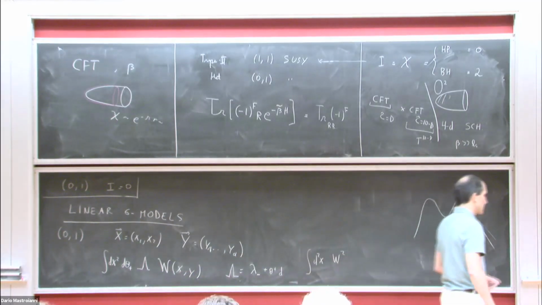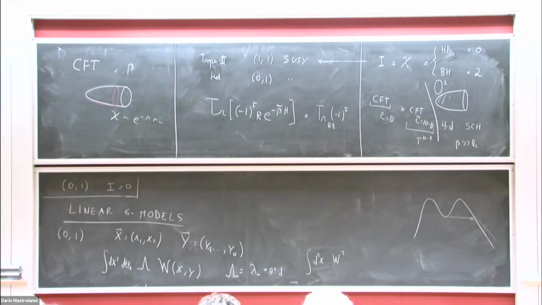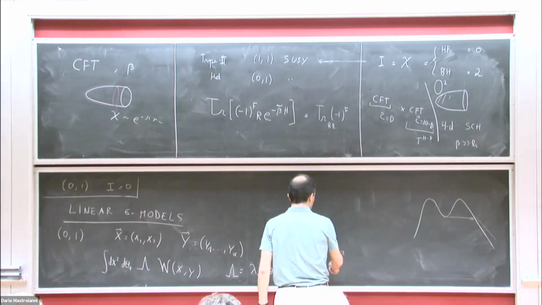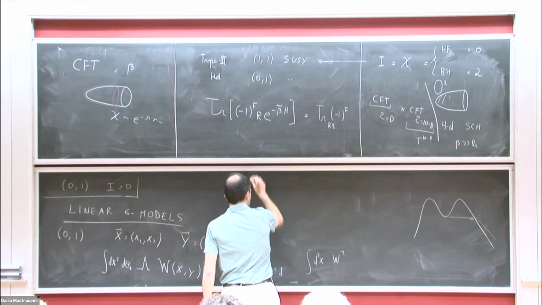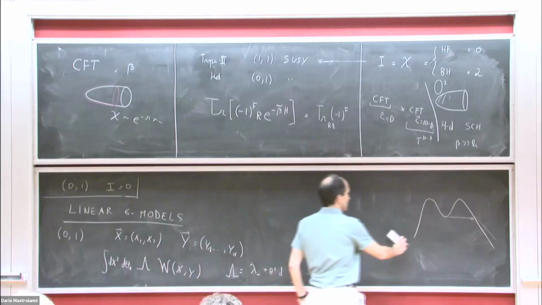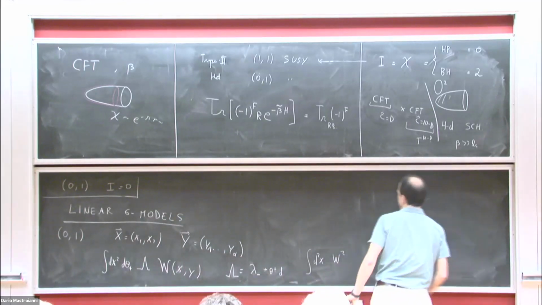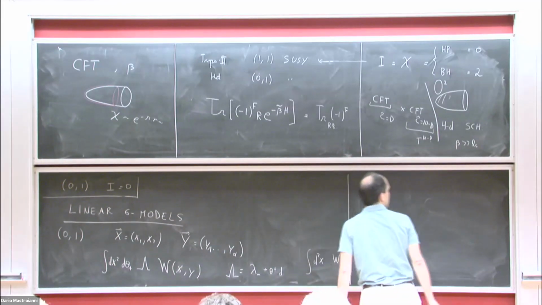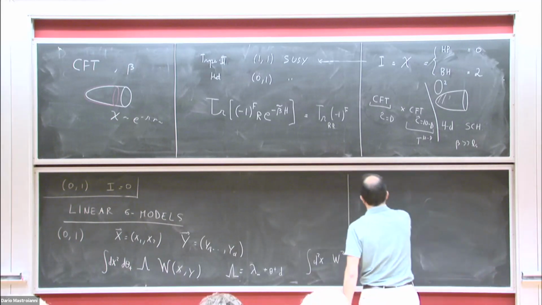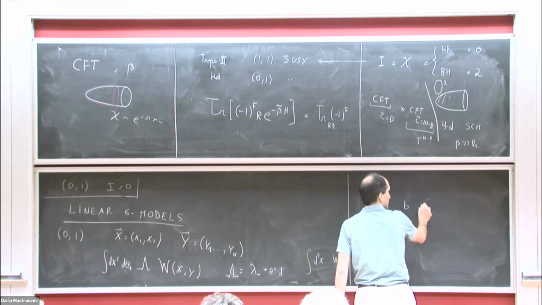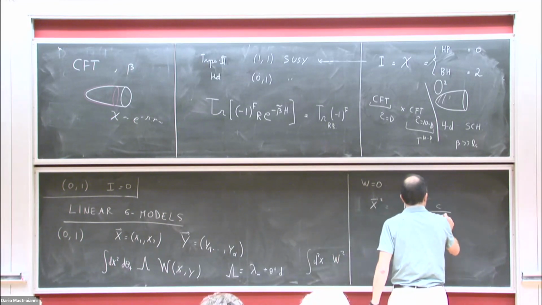So we choose this particular function W, and when we flow to the infrared, we can consider the supersymmetric vacua, which will exist when W is equal to 0. We set that to 0 and get that x² is equal to b plus c over y² plus a.